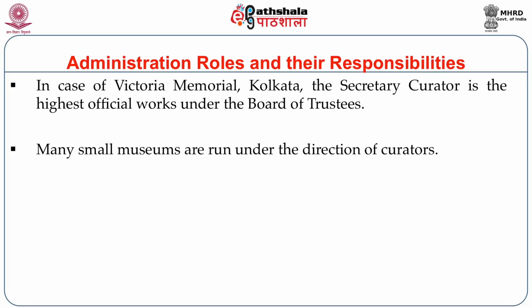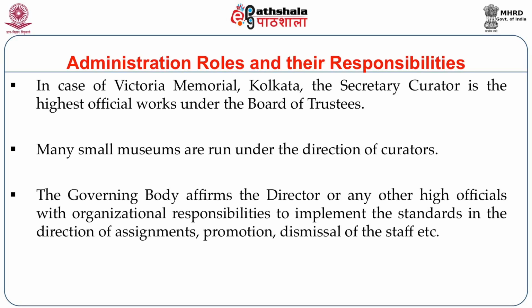Under him, there are many assistant curators and other staff who maintain all the separate functions of a museum. The governing body affirms the director or any other high official with organizational responsibility to implement the standards in the direction of assignment, and he has the power of dismissal of the staff.